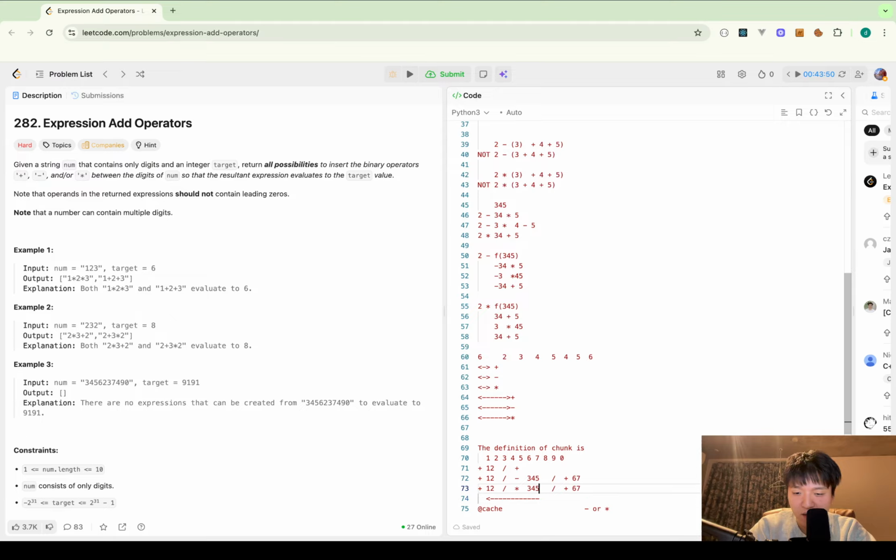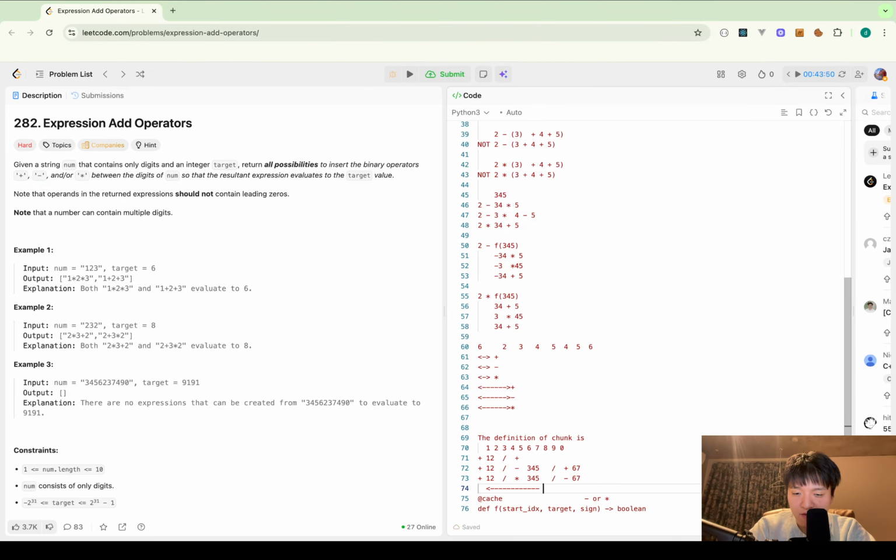I continue thinking. And let's say I have negative or plus. That's the end of the chunk. Yeah. So in this way, I can think of the chunk.